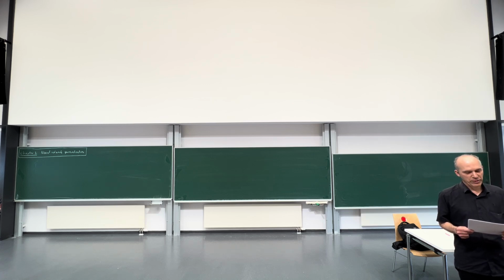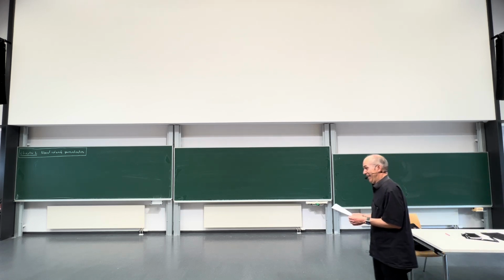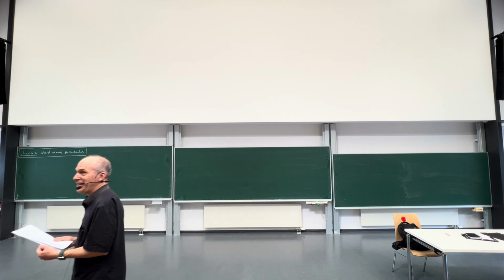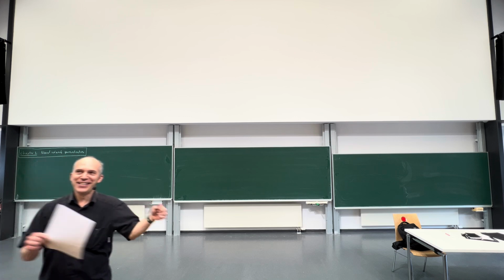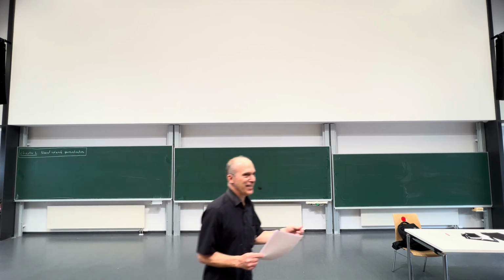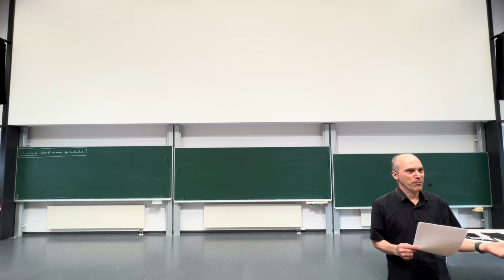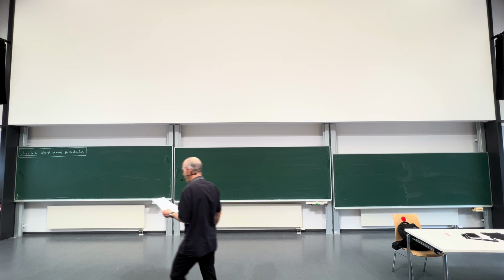VC stands for Vapnik-Chervonenkis. And I have to confess, in the Vapnik-Chervonenkis theory, there are a lot of combinatorial arguments, where you don't need statistics immediately, but on the other hand, some of them are proven by probabilistic arguments, so it comes back. So let me start with the motivation.